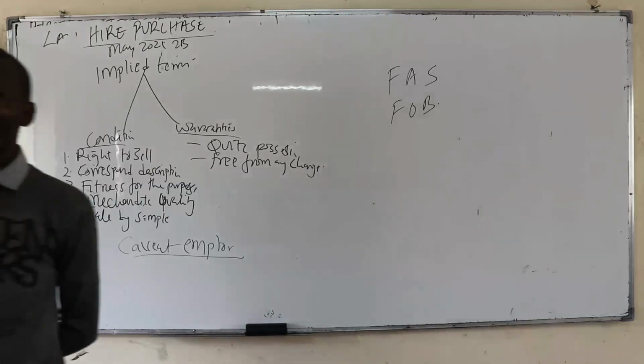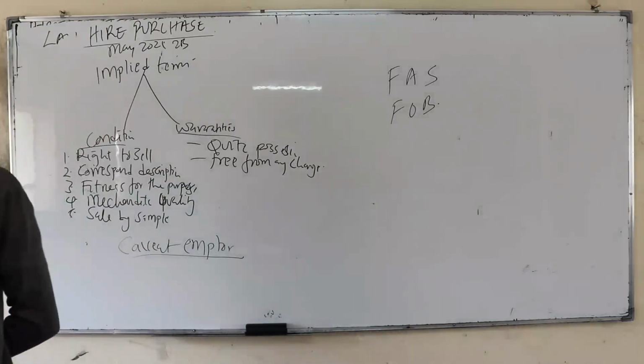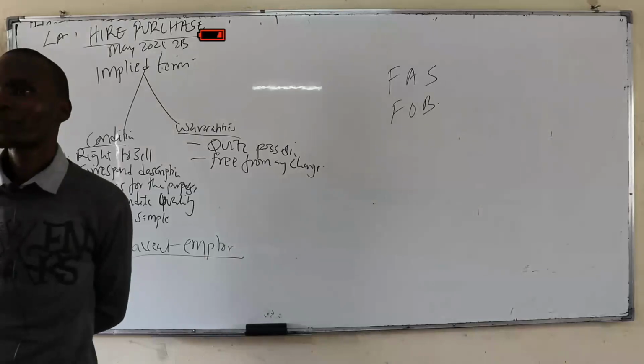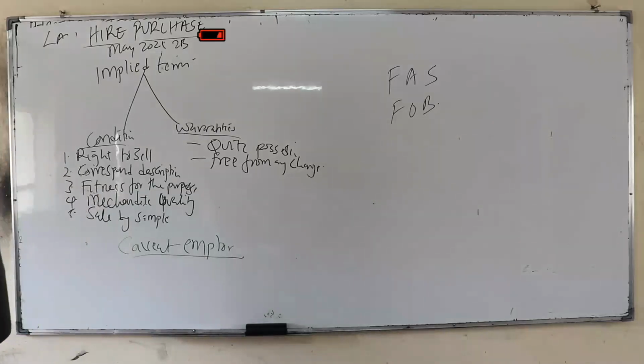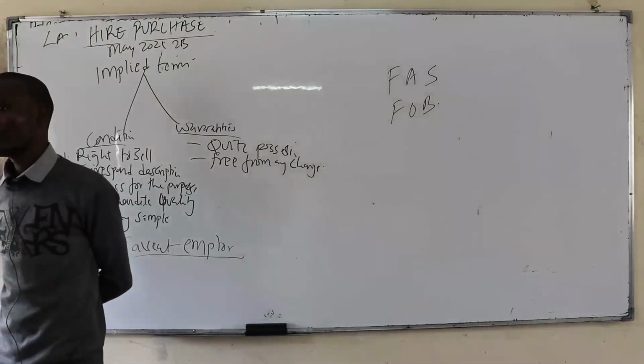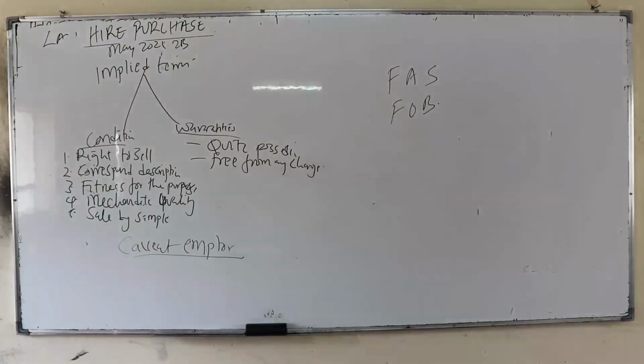We can talk of those 2 implied terms, okay? Yeah, there is implied term that the goods let under hire purchase should be of merchantable quality, and should fit the description, and also should fit the purpose.